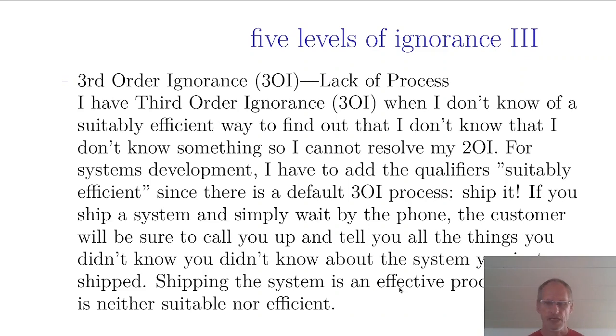If I do have second order ignorance, I do not know that I do not know something, but I don't have third order ignorance, meaning that I do have a process of finding out what it is that I don't know, then I have a way of remedying that situation. If I have lack of process, that means that I don't know of a way of coming up with what it is that I don't know. So I'm even more ignorant.